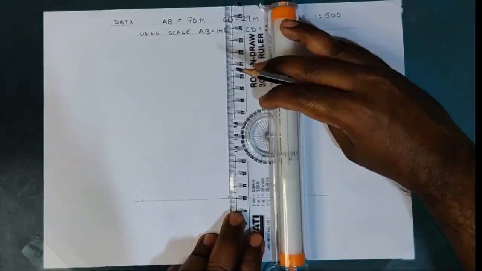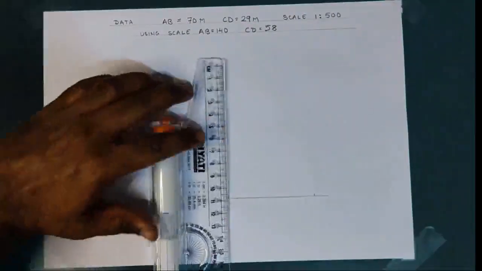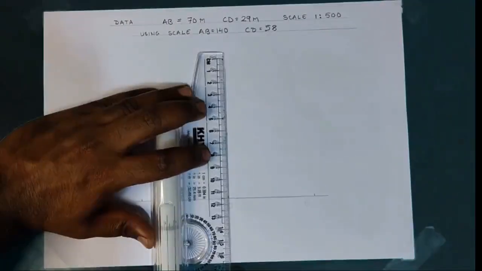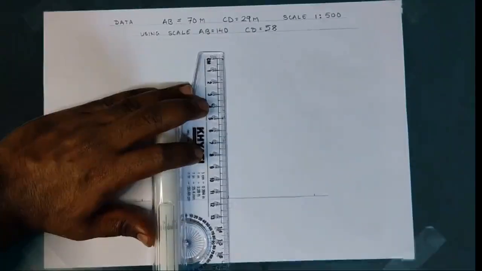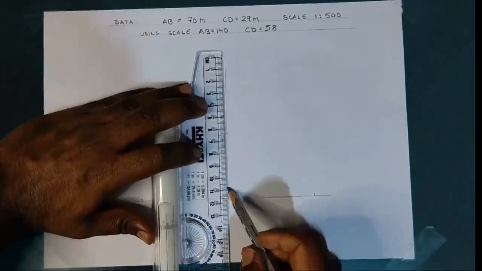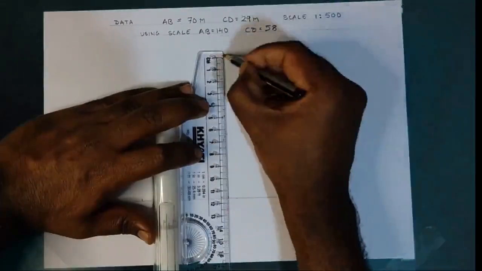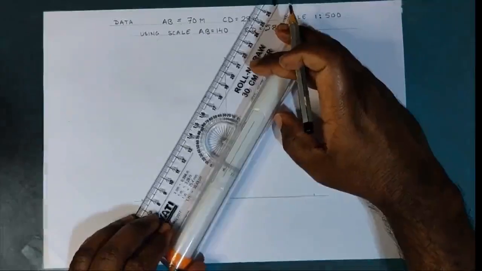So the axis I am drawing perpendicular to the base, and on this axis I take twice the length CD, because in tangent method the height is reduced by half. So I take a total distance of 116 mm.